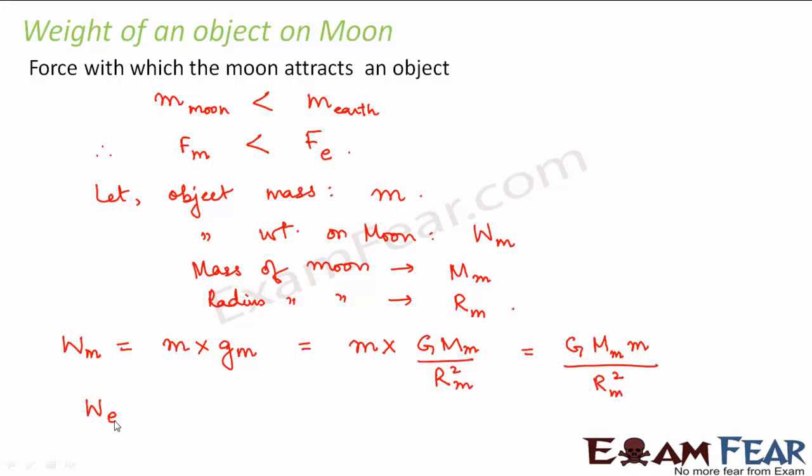Now we know the weight of the same object on the earth. What would be the weight of the same object on the earth? It would be capital G into mass of the earth into mass of the object divided by radius of the earth square. Let us suppose this is mass of the earth and this is radius of the earth. Correct?